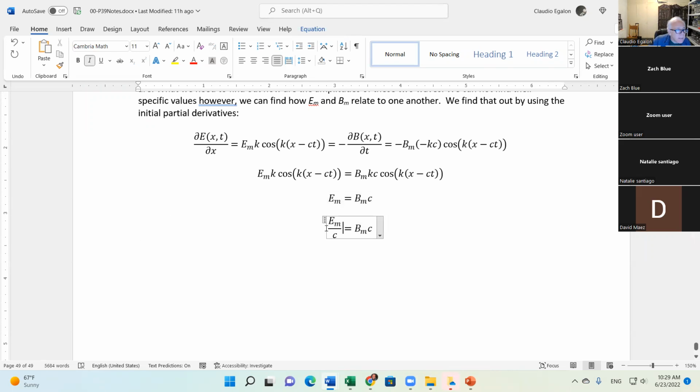We do not know what E sub m is. We can find E sub m only from the power of the radio station. That's what defines it. But at least we know that the magnitude of the magnetic field is tied up with the magnitude of the electric field.